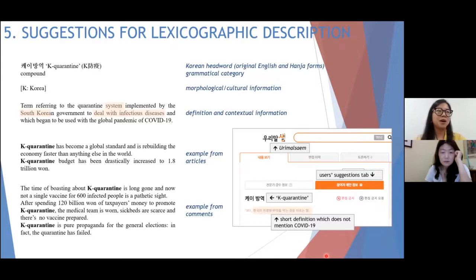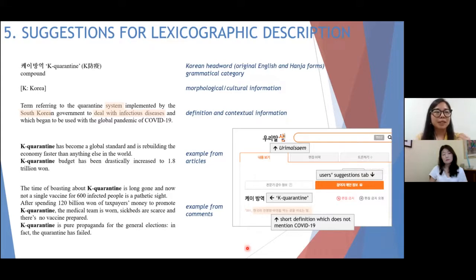So it is not officially part of the dictionary. So you can see in this definition that it is quite short, and I have highlighted the corresponding elements with the ones that we suggest here. And actually, the word COVID-19 is not even mentioned in the user's definition.